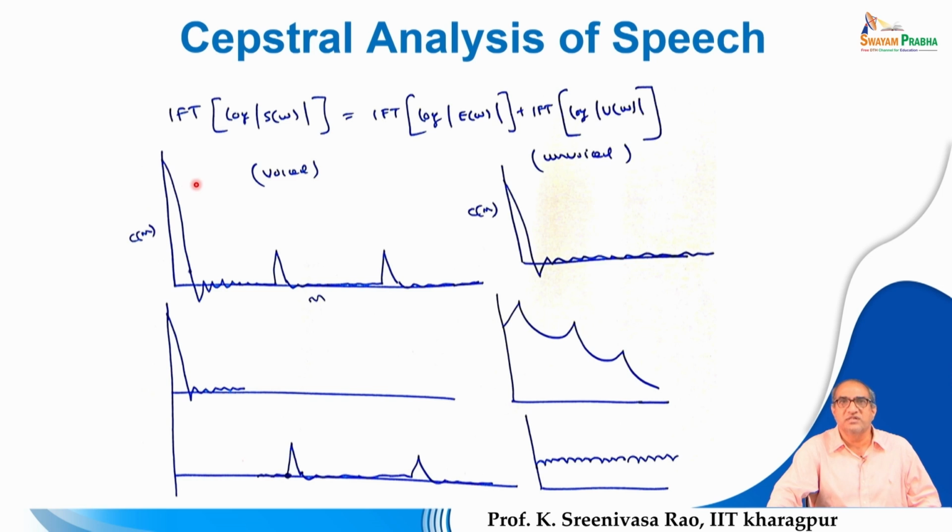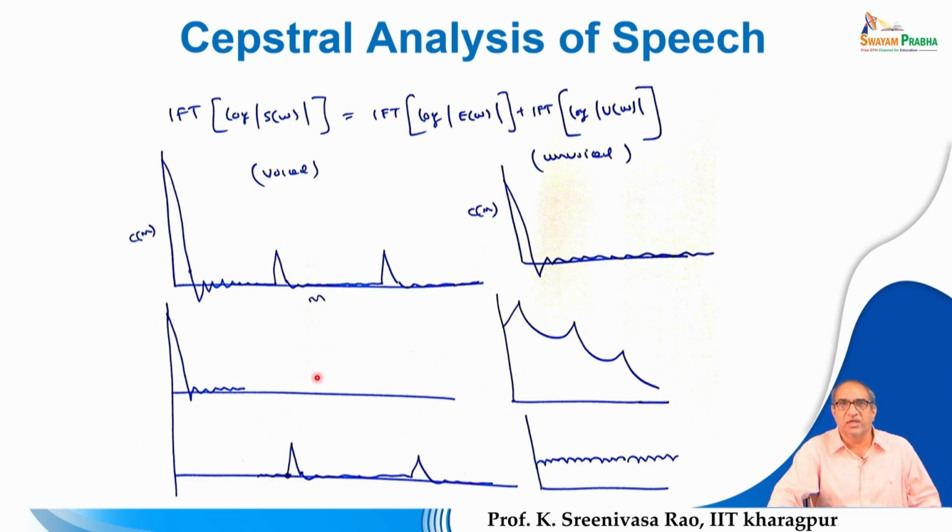Since it is a voiced segment, in the excitation part you can see samples away from 0, showing some periodicity. Because the excitation is periodic, in the Cepstrum domain also you can see peaks at regular, periodic intervals. This is the vocal tract part of the Cepstrum signal, and this is the excitation part.